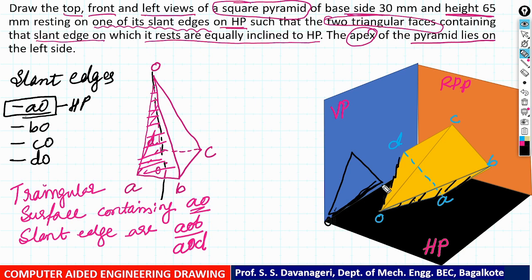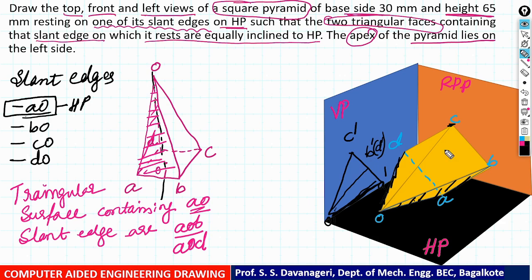The extreme top corner is C dash. Here the clearly visible edge is B dash, and exactly behind it you are going to get D dash.